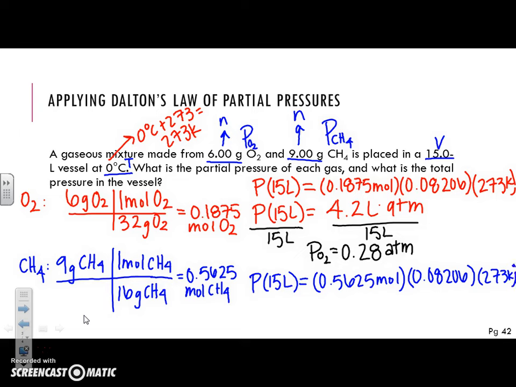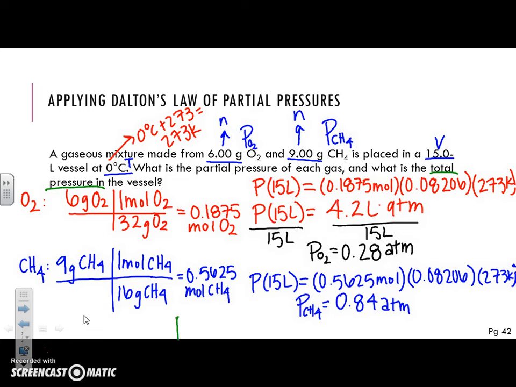I'm going to solve for pressure using the same process I used above, which is going to give me pressure of methane being equal to 0.84 atmospheres.